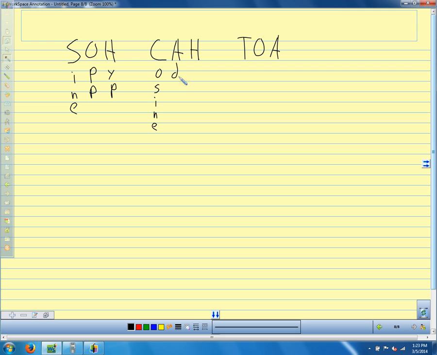Cosine is adjacent over hypotenuse, and tangent is the opposite side over the adjacent side. So that's what SOHCAHTOA is. SOHCAHTOA is just a way of helping us remember which sides to put together for the ratio.